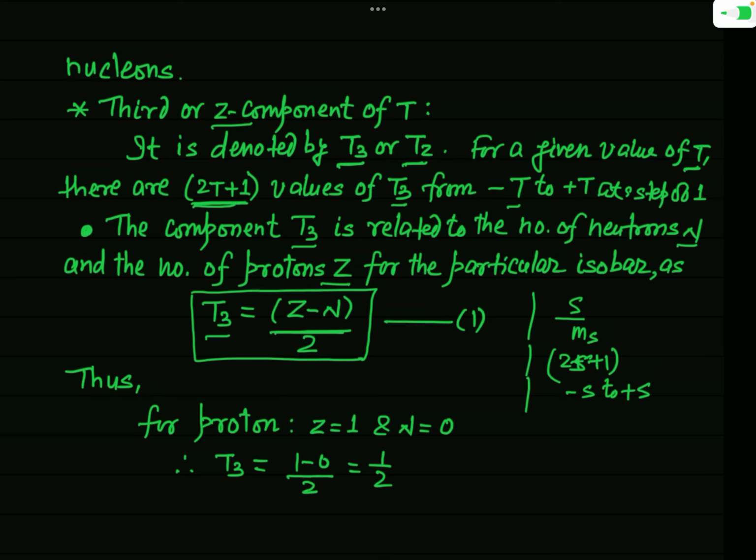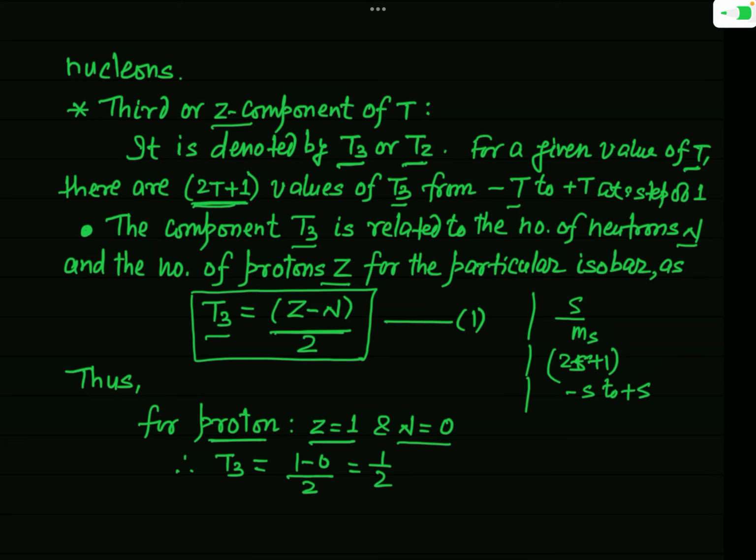Using this formula, you can easily find the value of T3 for different particles. For example, let us find the value of T3 for a proton. Since our particle is a proton, the number of protons Z will be equal to 1. But when you say there is a proton, it means there is no neutron in that particle. So for this system, Z will be equal to 1 and N will be equal to 0.